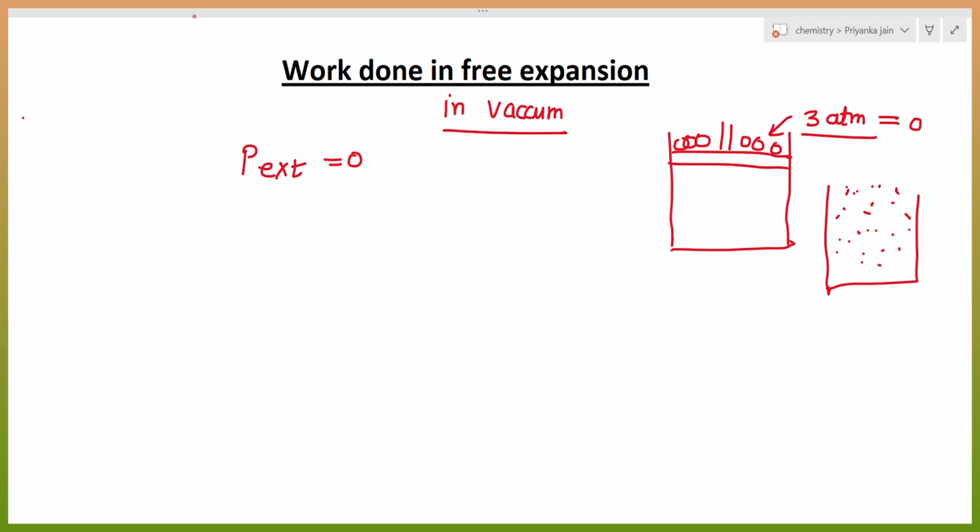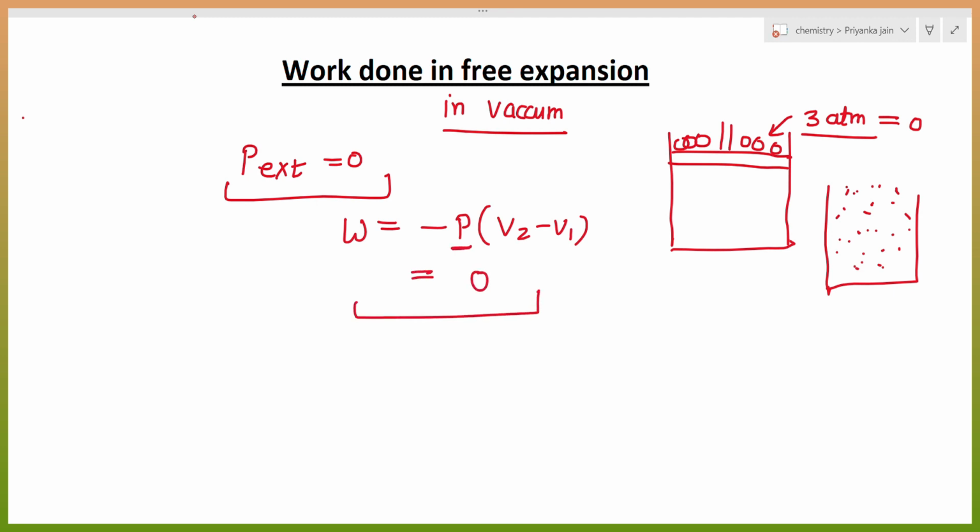We call it the work done in the vacuum or work done in the free expansion. In both these cases, the pressure is equal to 0. So the work done will be equal to minus P (V2 minus V1), and P is equal to 0. So work done will be equal to 0. Nothing to remember, just remember one thing: whenever it is given that there is no external pressure, or the work is done in the vacuum, or work is done in the free expansion, then in that case the work will be equal to 0.